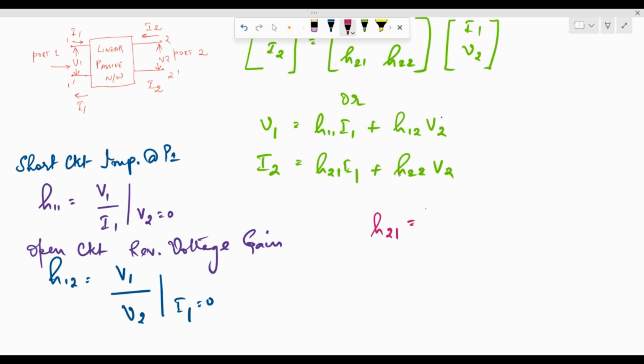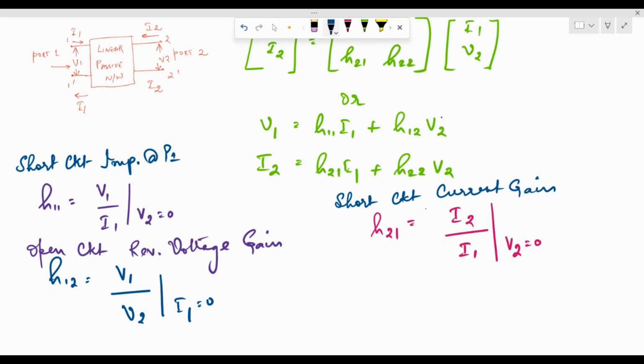So therefore H21 is I2 by I1. This is nothing but the short circuit current gain. This is provided V2 is equal to 0, which means this is the short circuit condition. So this is also called the short circuit current gain.